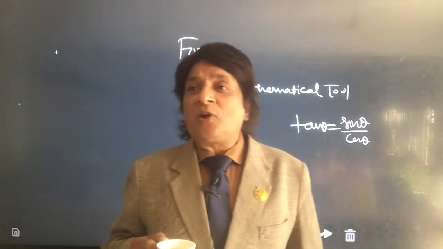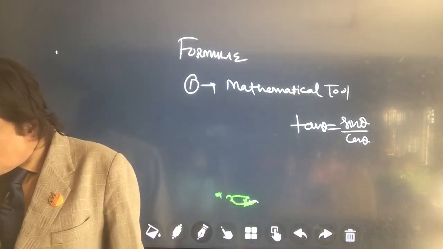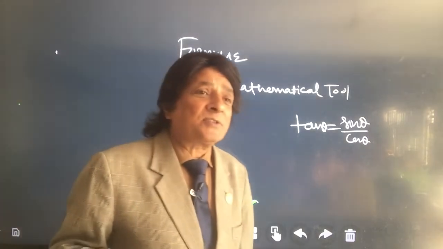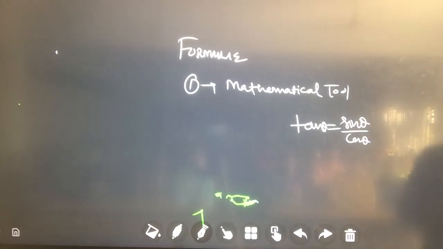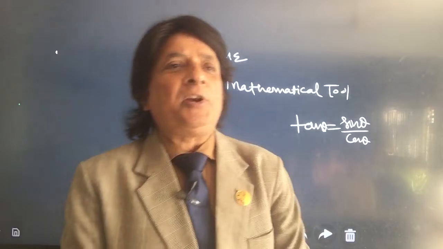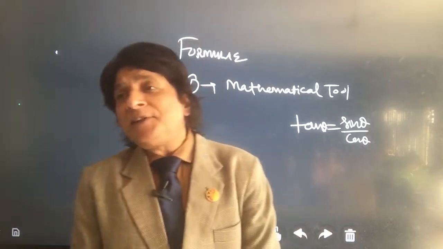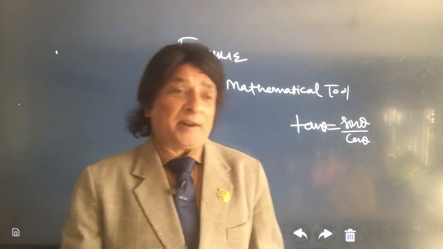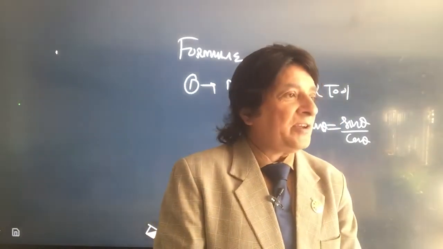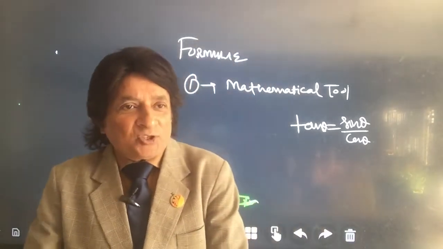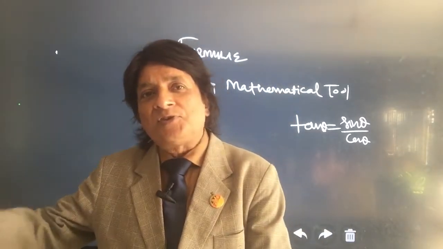Yes, sir. dx of sin x is cos x, dx of cos x is minus sin x, dx of tangent x is secant square x, dx of secant x is secant x into tangent x, dx of cot x is minus cosecant square x, dx of cosecant x is minus cosecant x into cot x.